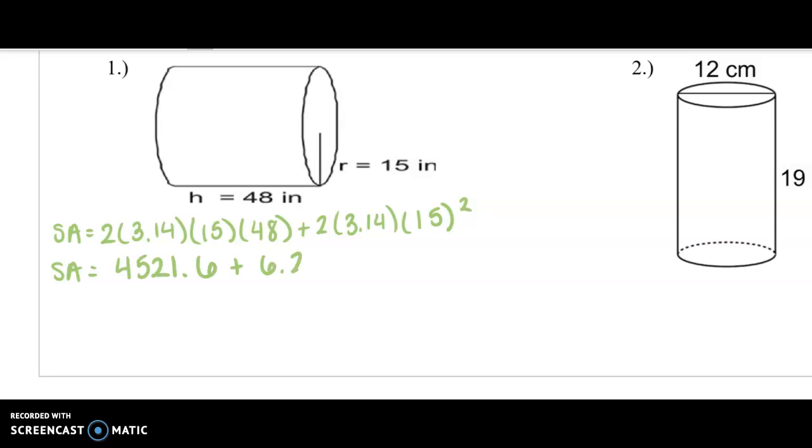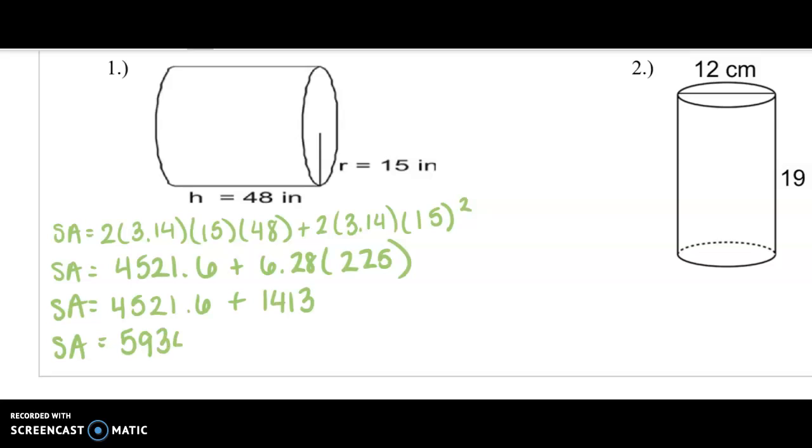Add to that 6.28 times 15 squared, which is 225. So then I'm going to have 4,521.6 plus 1,413. Add those two together, and we get 5,934.6 inches squared.